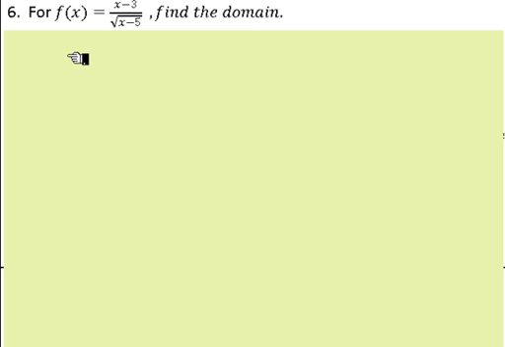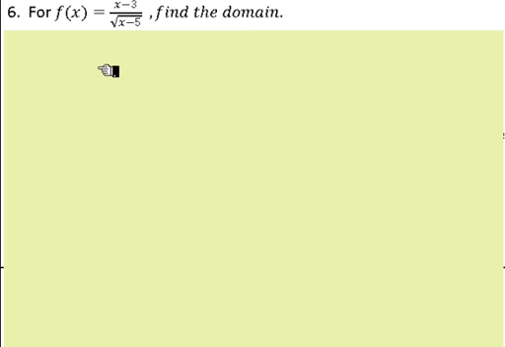Now the function in number 6 is both a fraction and it contains a square root. So we want to make sure that the denominator is not equal to 0, and we also want to make sure that the radicand, whatever's underneath the square root, is never negative.